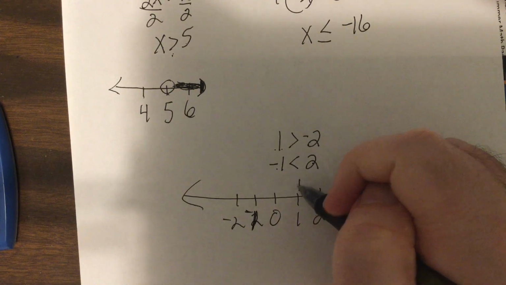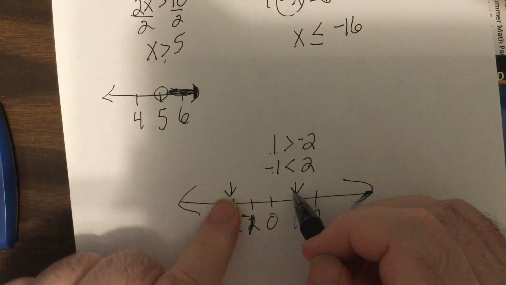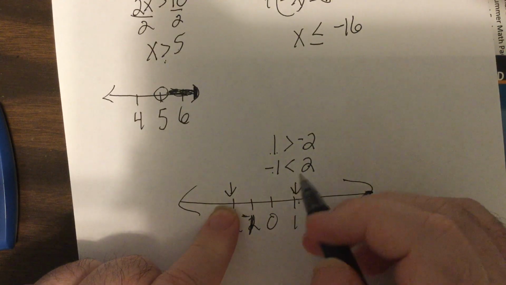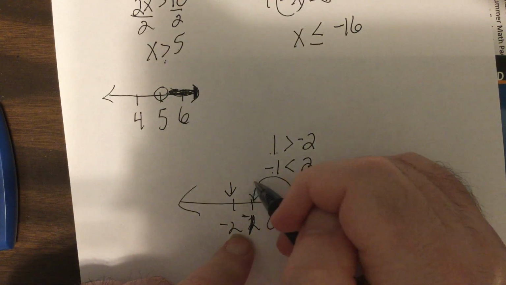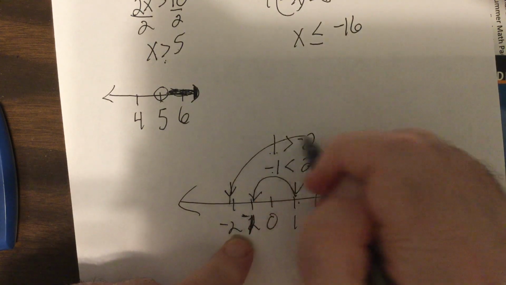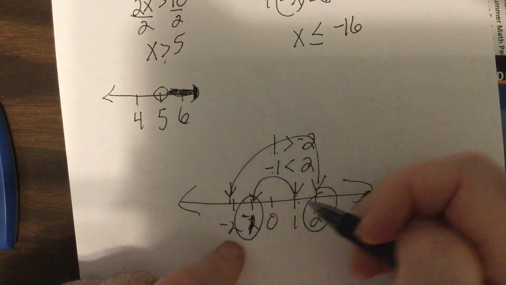So I started off here and I started off here. 1 is to the right, so it's bigger. But when I take the opposite, 1 comes here on the other side, but negative 2 comes over here on the other side of 0, making 2 to the right of negative 1.